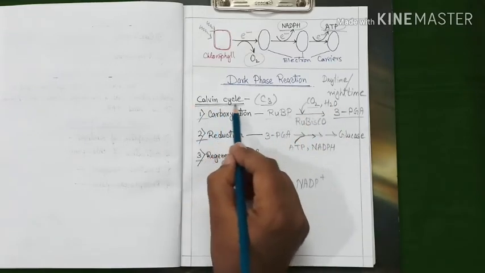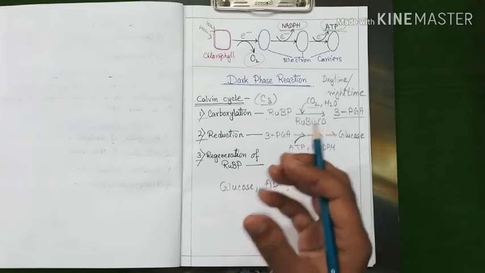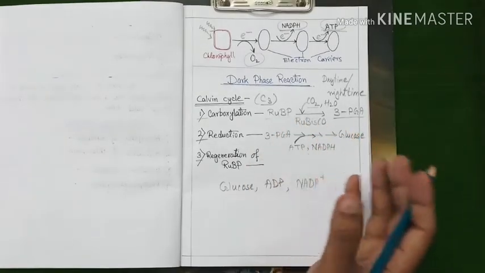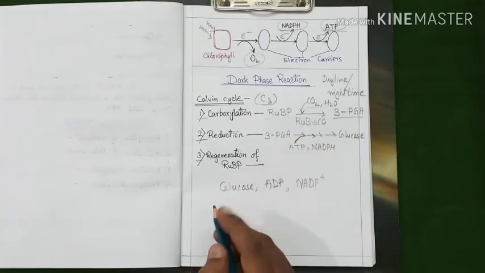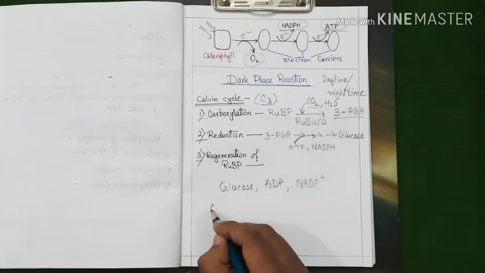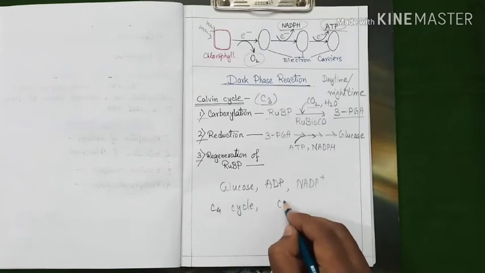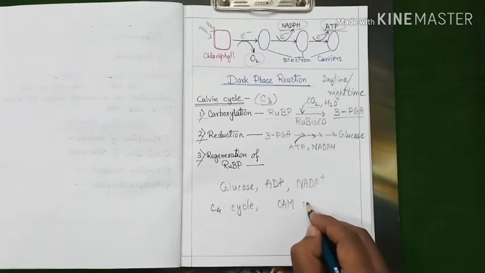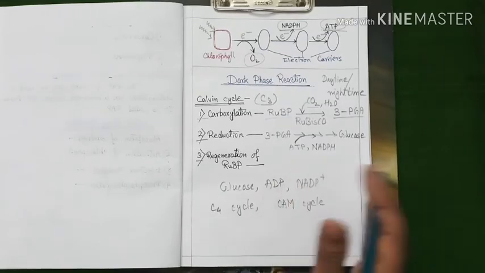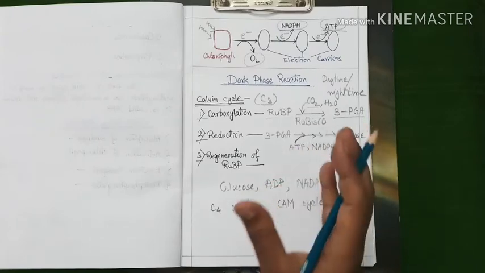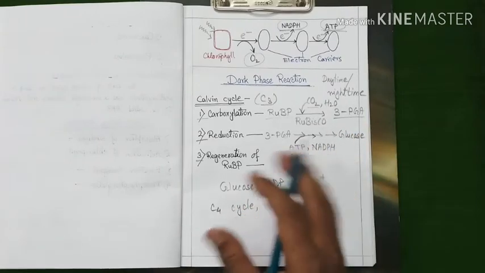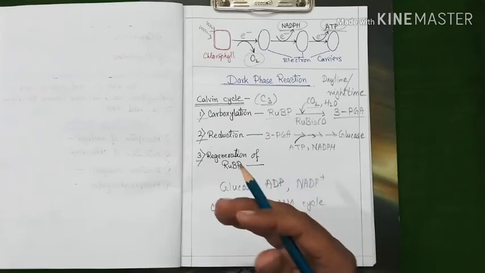Generally, Calvin cycle or C3 cycle is the most common reaction in plants for dark phase reaction. But there are several other reactions, that is C4 cycle or CAM cycle, also present in different types of plants for their particular mode of dark phase reaction. We will discuss all these cycles later.